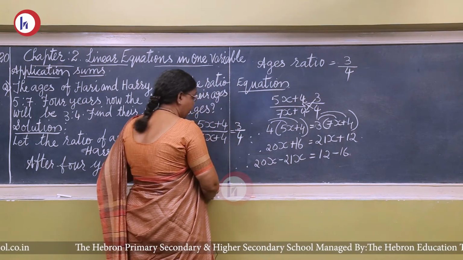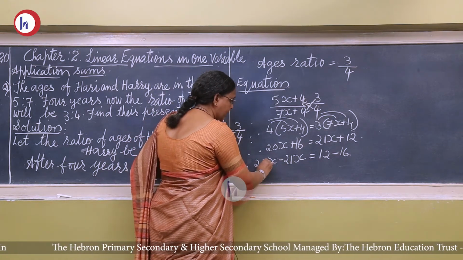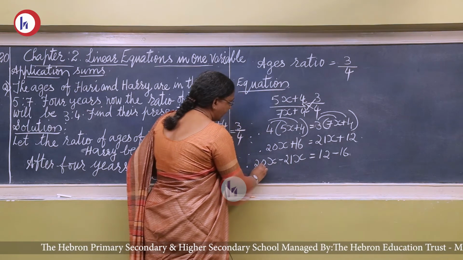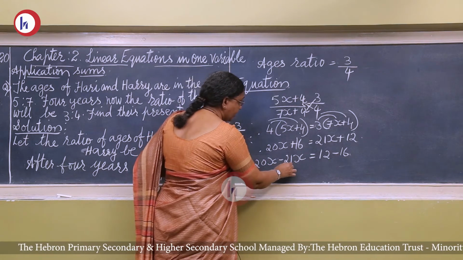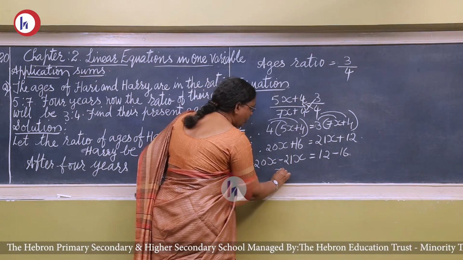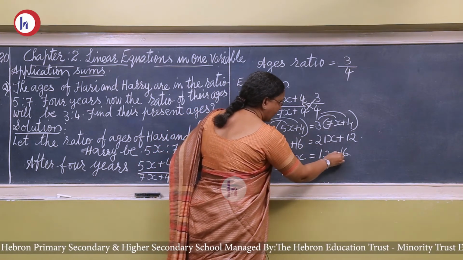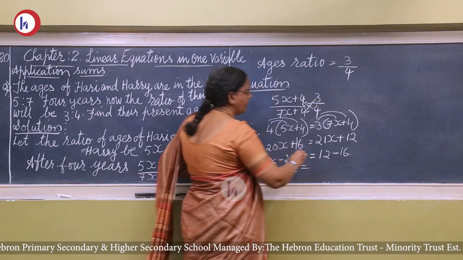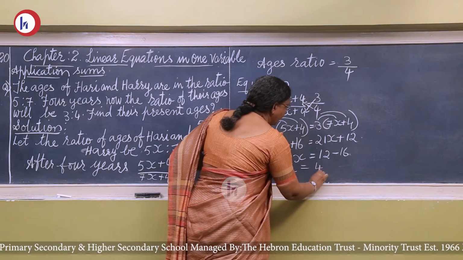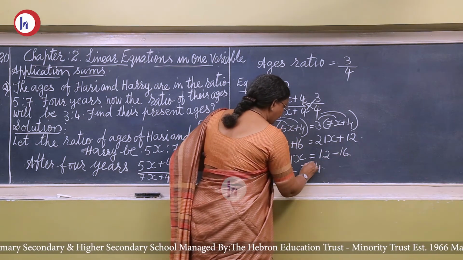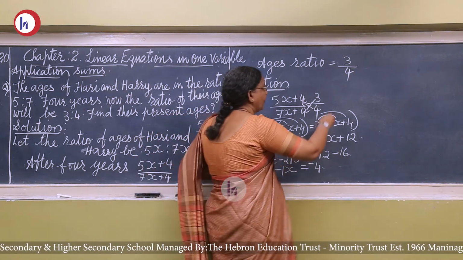Here you can see that 21 is the greater number and here it is plus. Both are different signs, so minus. And 21 minus 20 is equal to 1. But here the greatest integer sign is minus. So minus 1x is equal to, again here also plus and here it is minus. Both the signs are different, so 16 minus 12, that is 4, and the greater integer sign is minus. Therefore minus 1x is equal to minus 4.